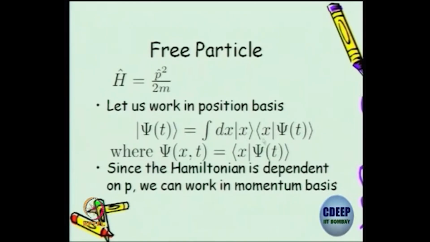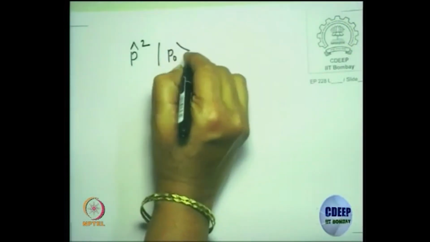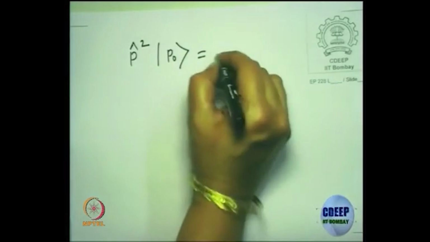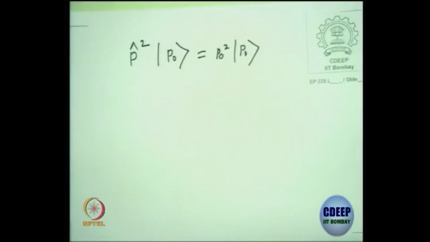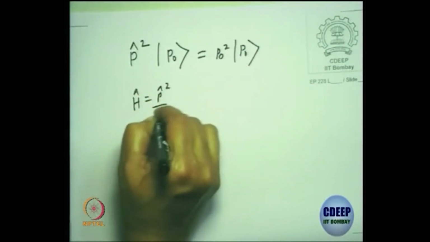I don't know what p squared on x is, but I definitely know what p hat squared on a p naught state will be: p naught squared, the eigenvalue, times p naught. Right. Hamiltonian is p squared over 2m.